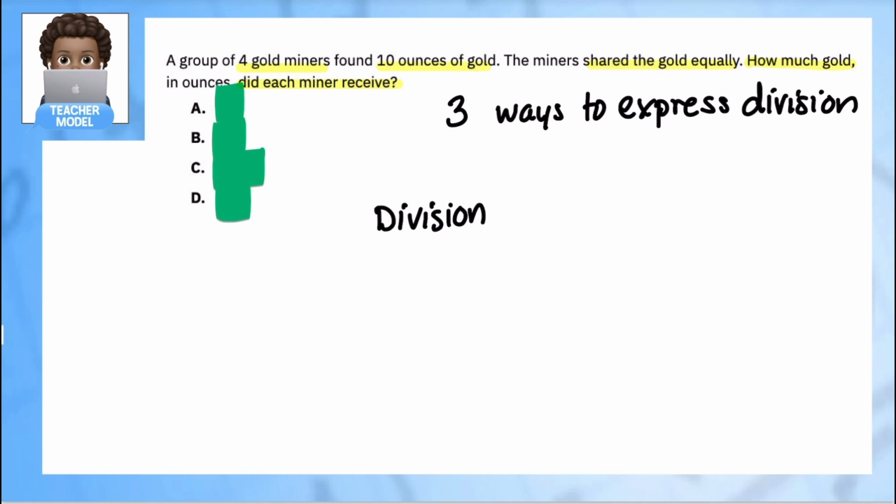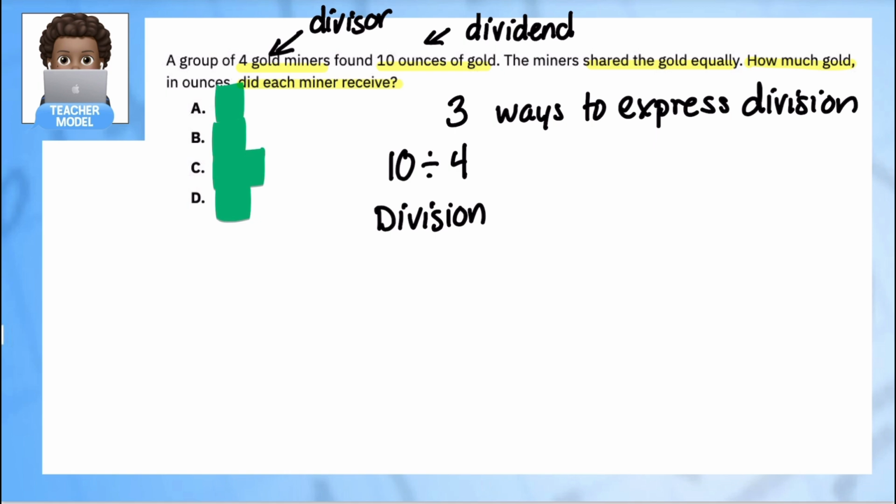What is our dividend in the problem? Well, the gold is being divided. So this is our dividend. It's what's going to get divided. So 10 is going to be divided by, it's going to be shared by our 4 miners. So this is our divisor in the problem. So 10 divided by 4.